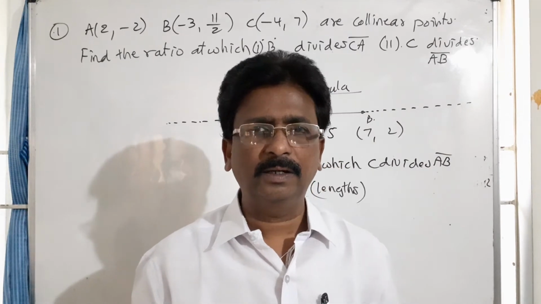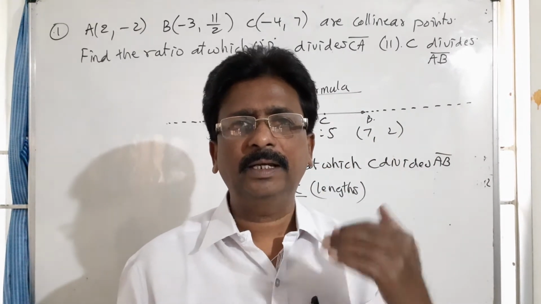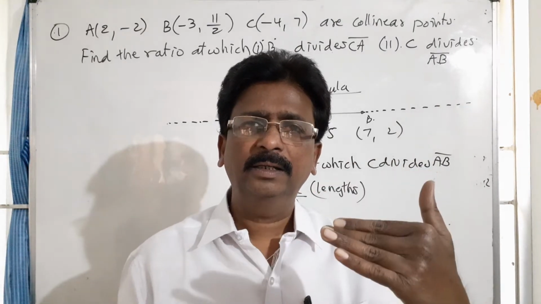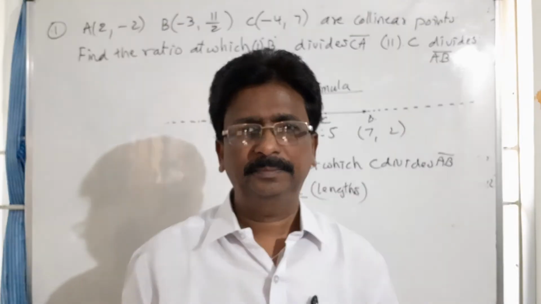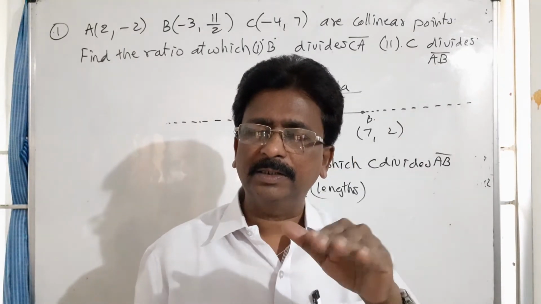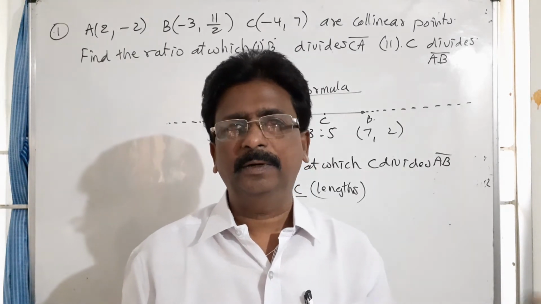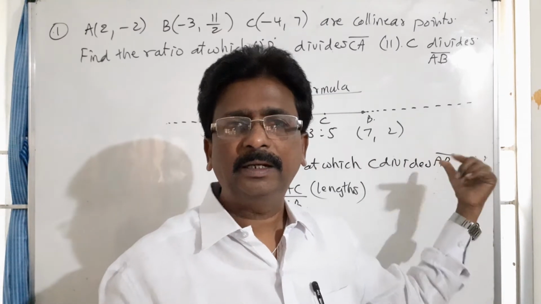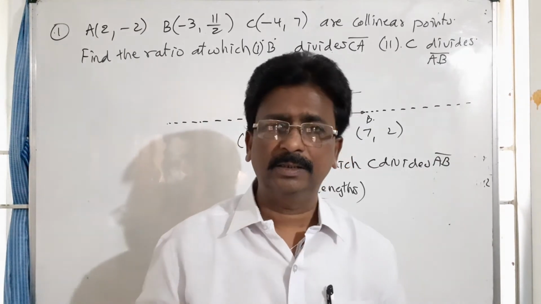That is the ratio concept. If the ratio value is negative, then geometrically the point C lies outside of the line segment AB. If the ratio value is positive, then the point C lies in between A and B, an internal point of AB. This is the ratio concept.